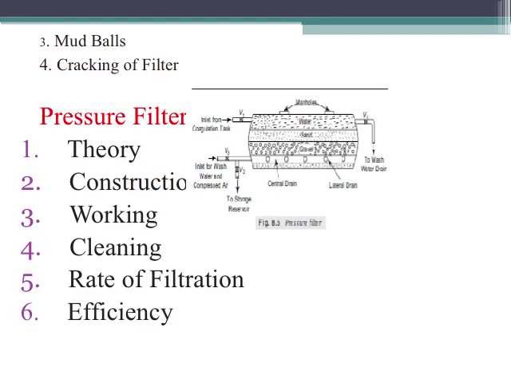In addition to air binding and formation of the negative head, the two other common troubles generally encountered during the operation of rapid gravity filters are formation of mud balls and cracking of the filters. The mud from the atmosphere usually accumulates on the sand surface so as to form a dense mat.